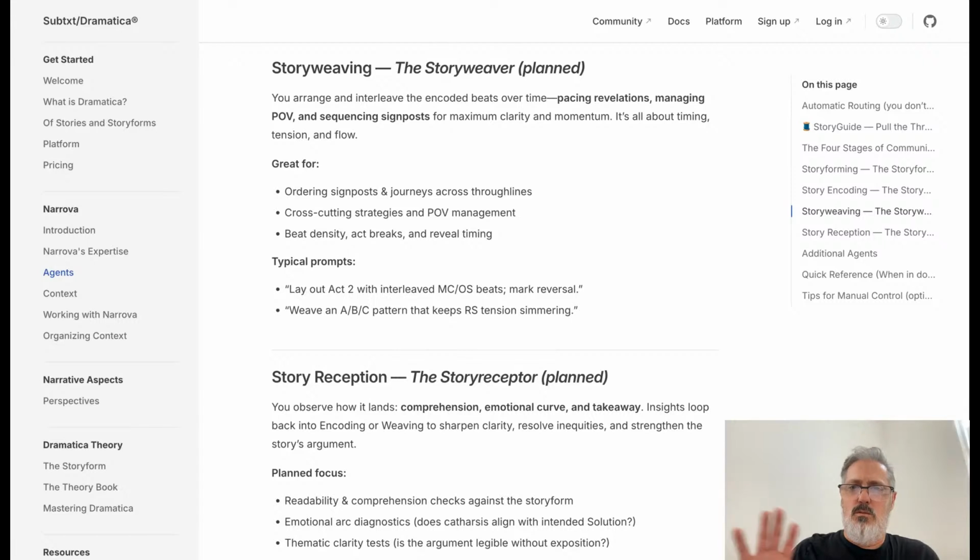But also, once I get the long range agents put in, which would be the story weaver and the story reception, then you'll just be able to say it. There's no fun in story weaving all this stuff together, so being able to do that with AI would probably be fantastic. That's more of a long range thing.